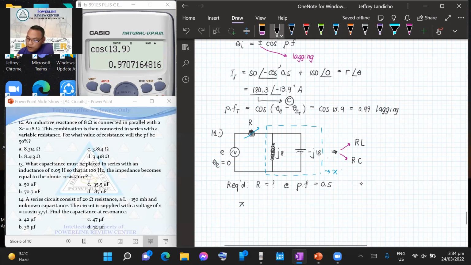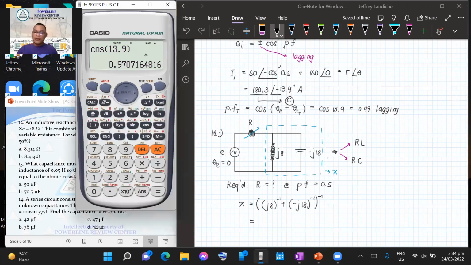Solving for the net reactance, so parallel combination. Ipaparallel lang natin: j8 raised to negative 1 plus negative j18 raised to negative 1. So that is parallel operation, then raised to negative 1. Reactance yan, so you have to include their corresponding imaginary number or the direction.